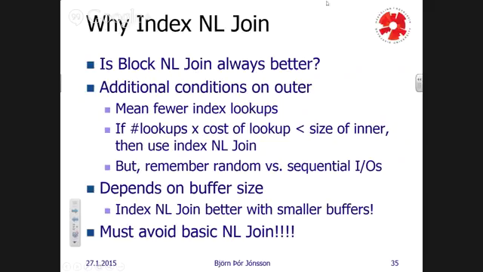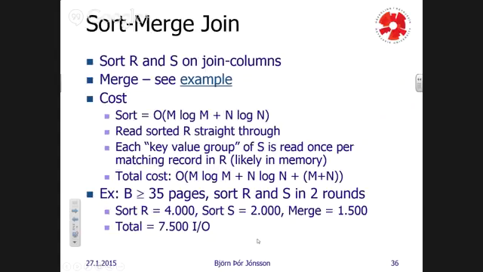Also, if you have a computer with limited memory, that might be better than a block nested loops join. But basically, the point is we must avoid the very bad ones. So, any questions on the nested loops thingies?